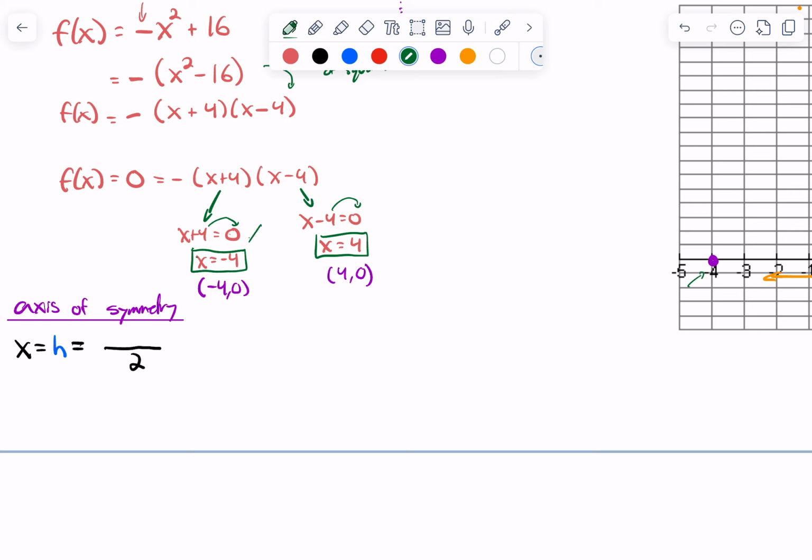So here is our first one, -4, plus your other x-intercept. So in this case, it would be 4.